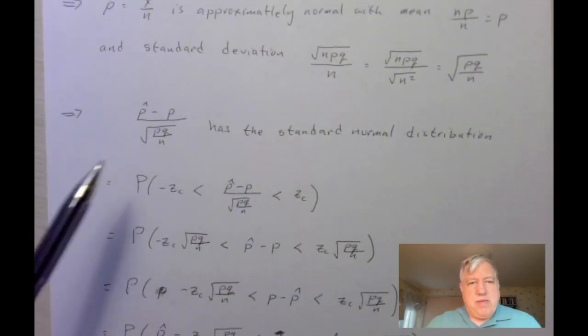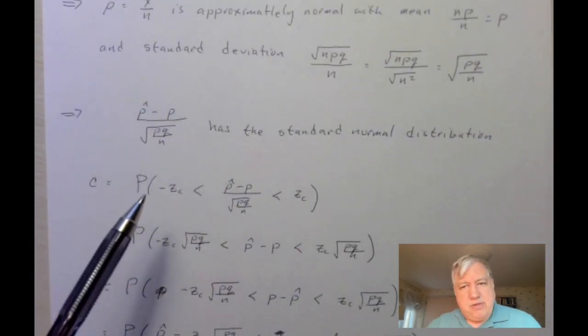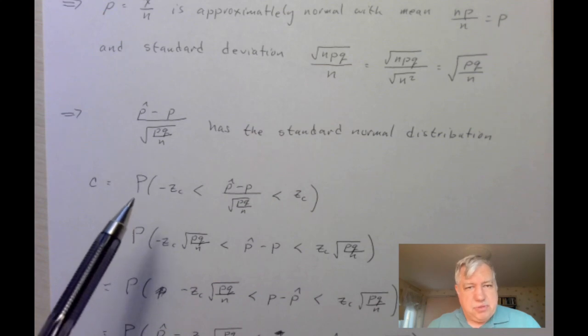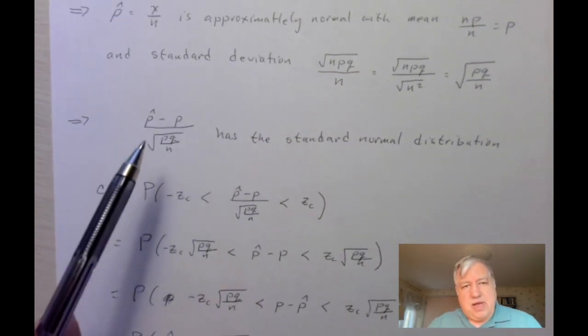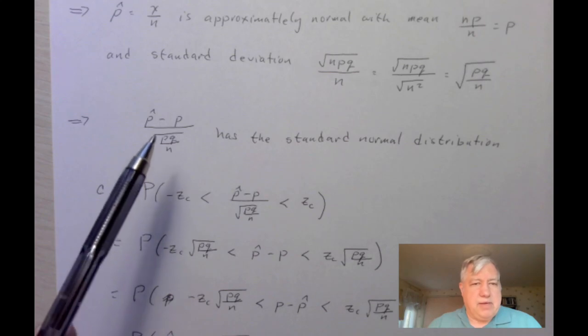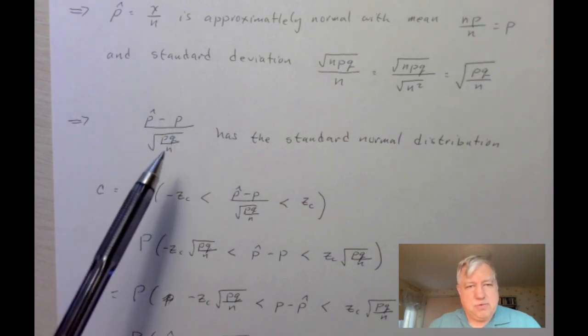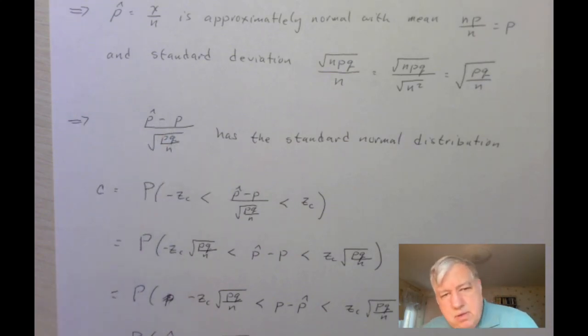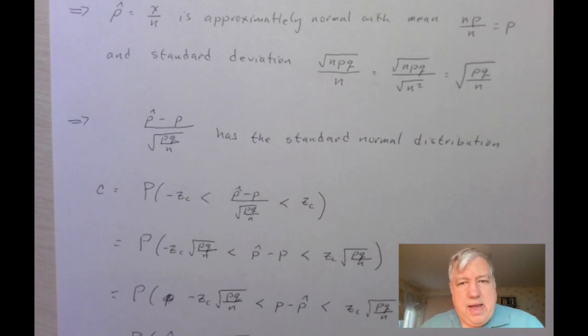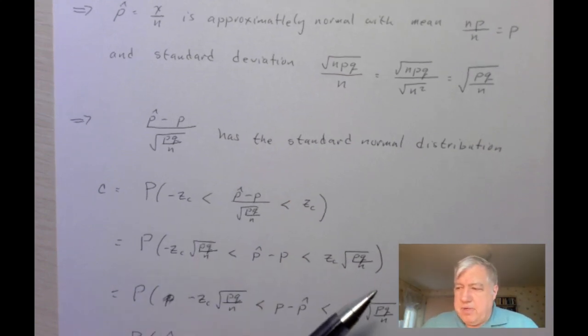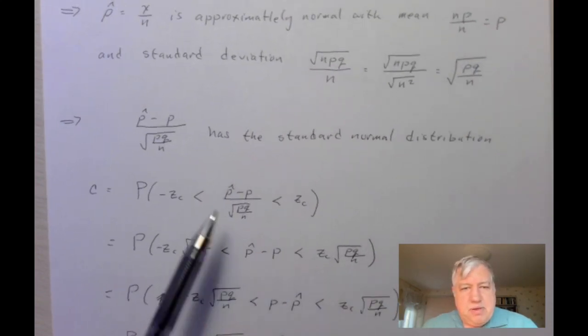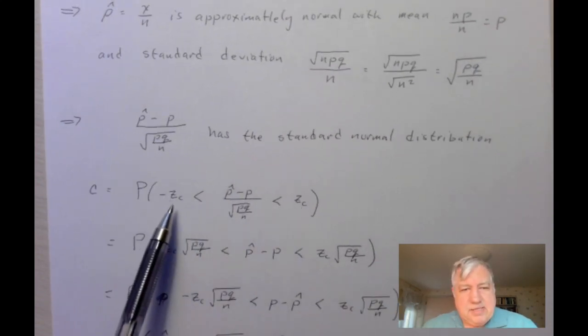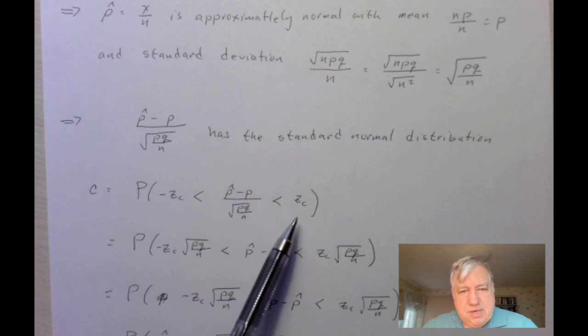That means this random variable is approximately standard normal, because you can think of it as the z-score of p hat: p hat minus p over the square root of pq over n. So now we see that c, which represented the area under the standard normal curve, is the probability that this expression is between the two critical values, minus z sub c and z sub c.